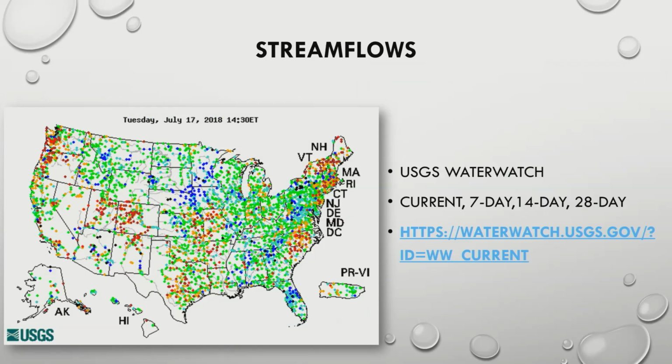Most of you are familiar with the USGS stream flows, and for drought monitoring purposes, we look at all these different time frames from current, 7-day, out to 28-day.